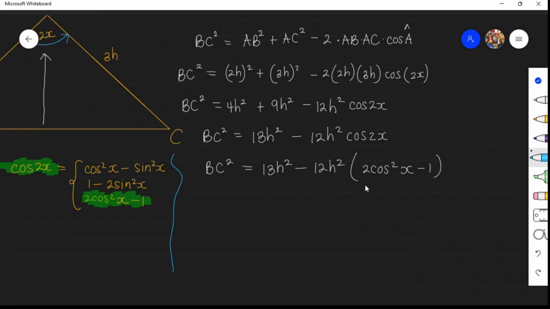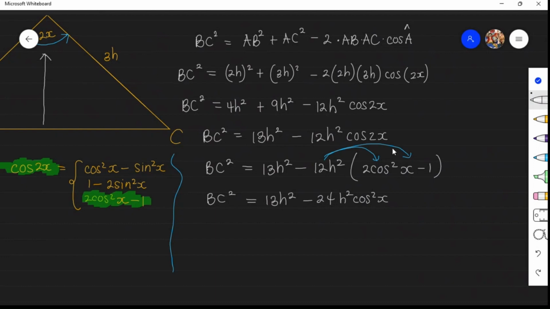Now we need to multiply this negative 12h squared into our bracket. That is then going to give us BC squared equals 13h squared minus, so negative 12h squared times 2 cos squared x. So we multiply negative 12 times 2, that is going to be negative 24. We then multiply h squared and cos squared x, that is just h squared cos squared x. Next, we multiply negative 12h squared with negative 1.